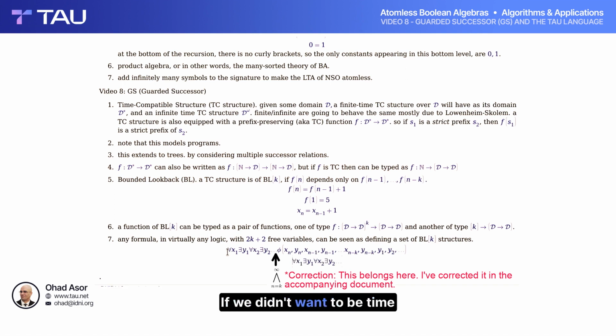If we didn't want to be time compatible and speak of some arbitrary function between sequences, then it would look like this. But here, y1, the output at time 1 depends on the input at time 2, which is of course not time compatible. And therefore we get this quantifier prefix.